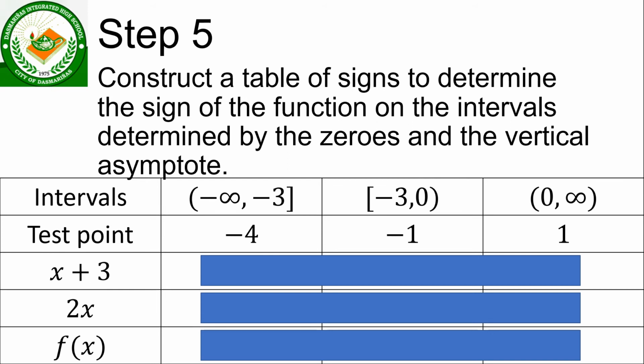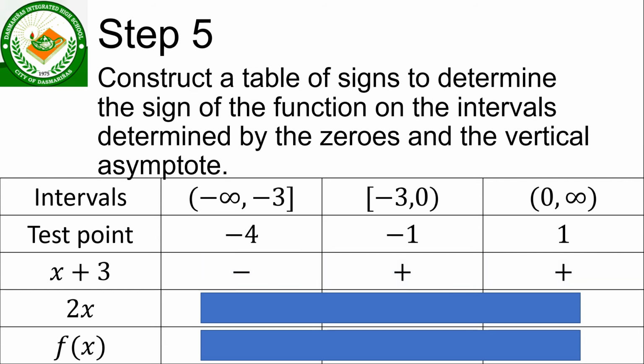Let us determine the sign if x equals negative 4. We have negative 4 plus 3, negative 1, and that is negative. For the second one, negative 1 plus 3, 2, that will be positive, and 1 plus 3, 4, that will also be positive. So we have negative, positive, positive.